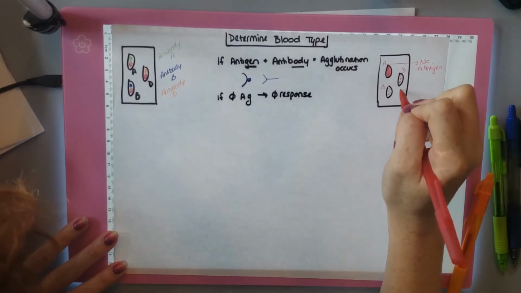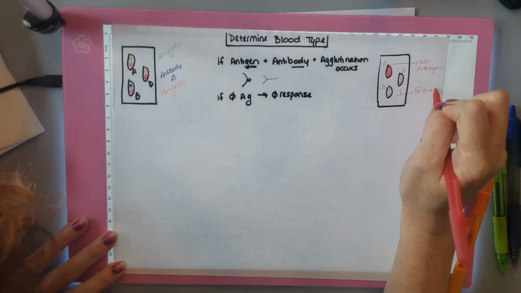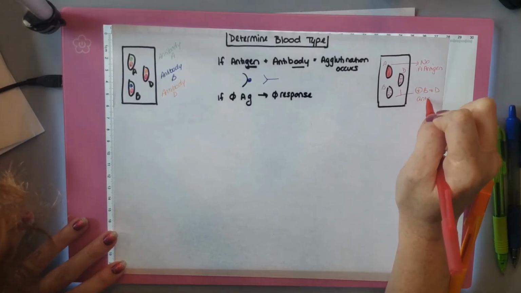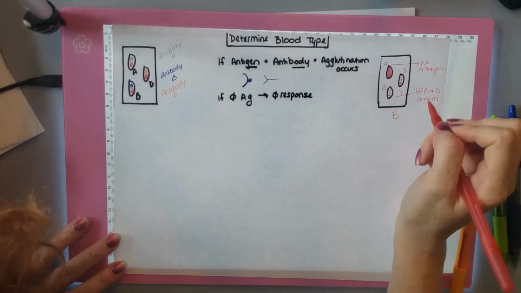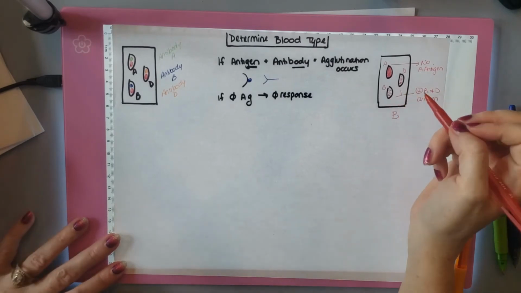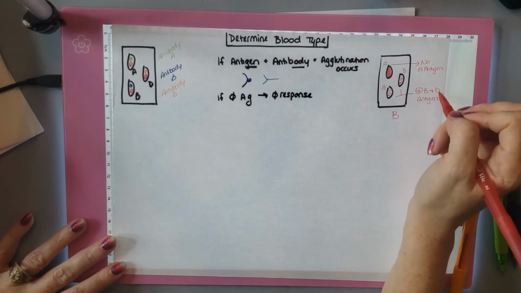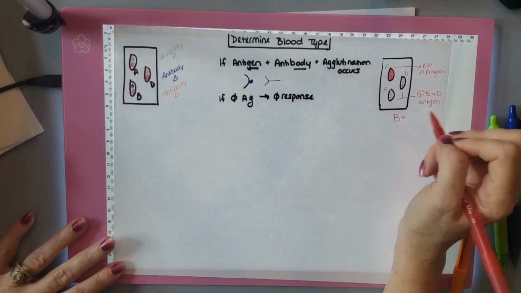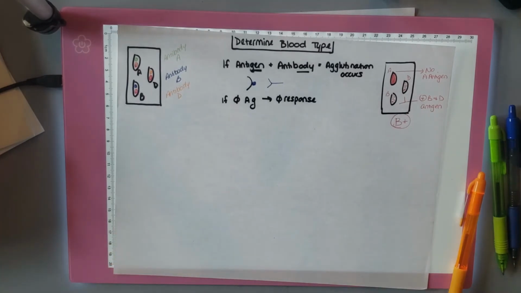However, these are clumped, so we know there is a B and D antigen. Therefore, you know the blood type is B, and then because the antigen D is there, it is Rh positive. So the blood type for this one would be B positive.